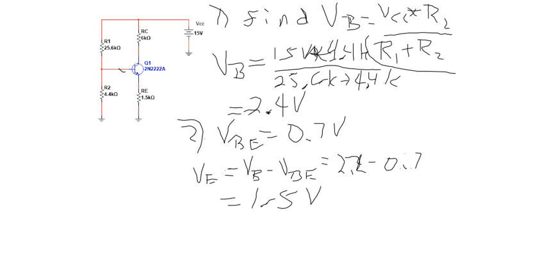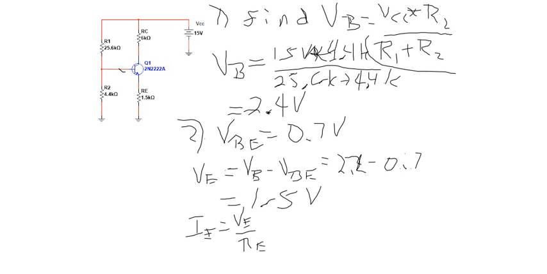All right, from that, we can get the emitter current. We know the voltage drop across the emitter resistor. So that's VE over RE. I believe this is step 3.